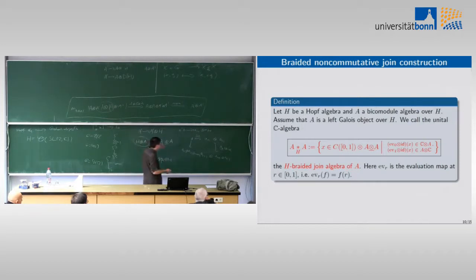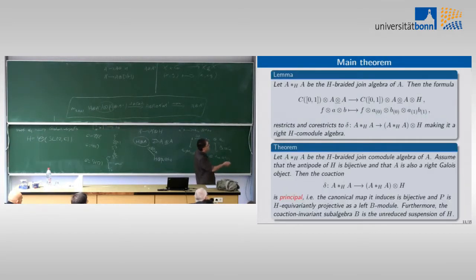And so that you have this structure, but now the extra thing that I assume to get the main theorem is that, well, there is a small technical assumption that the antipode of H is bijective, but that's very minor. You never meet in real life a Hopf algebra that has an antipode that is not bijective, but it does not follow from the axioms of the Hopf algebra, so you have to assume it manually. But now that's the crucial part, that we assume in addition for this theorem to work.